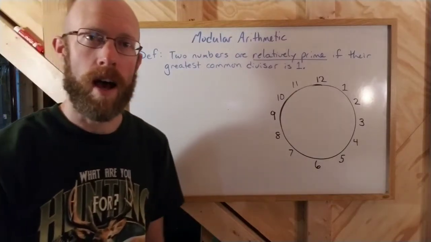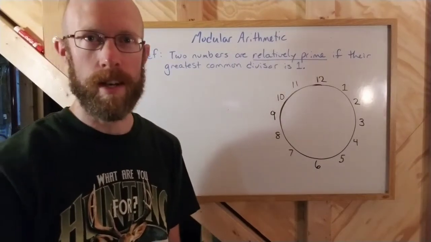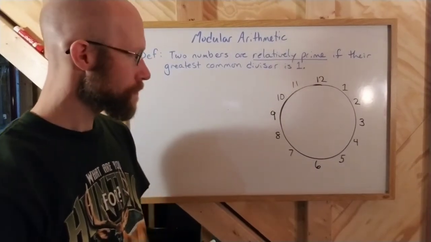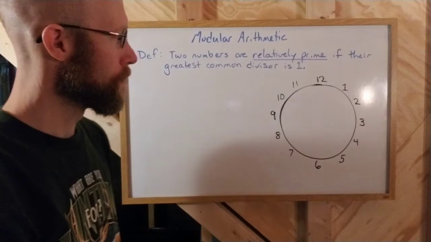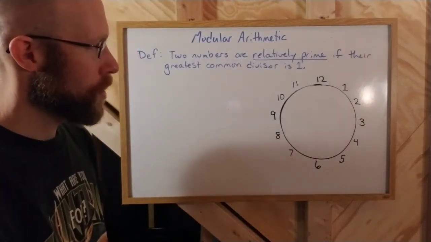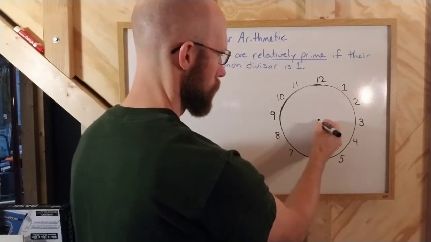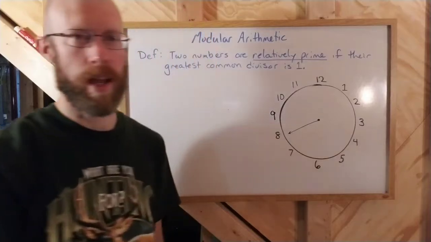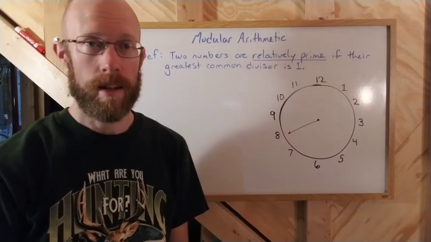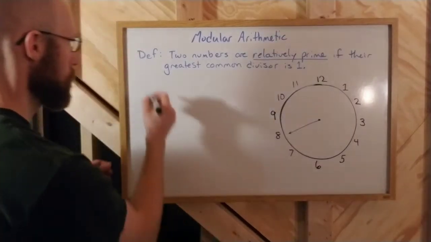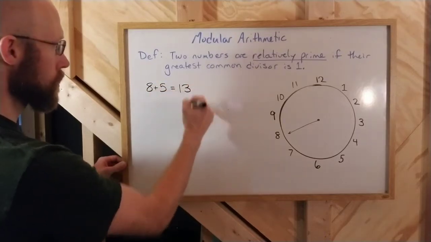Now, what's interesting about time, if we think about it in terms of 12 hours, and you could think of it in terms of 24 or military time, it doesn't matter really. For the example, you can use 12 because it's just easier to write. If your hour hand is at 8 o'clock and you wanted to add 5 hours to that, most of us think of 8 plus 5 as 13, right?